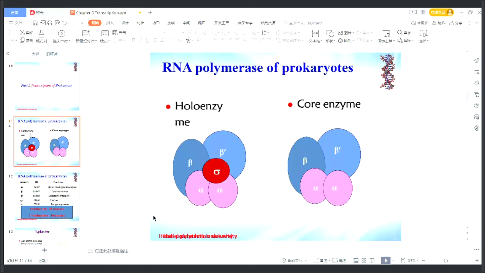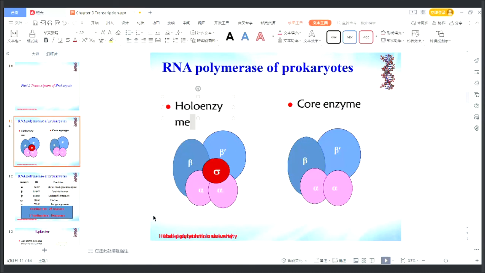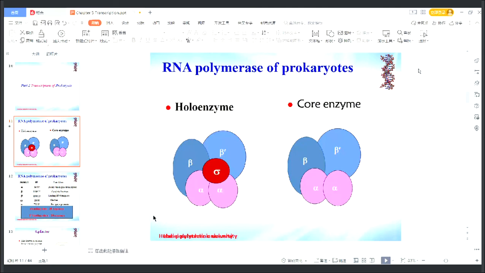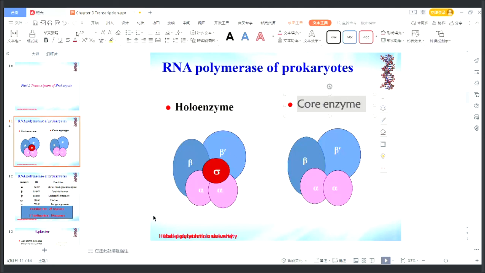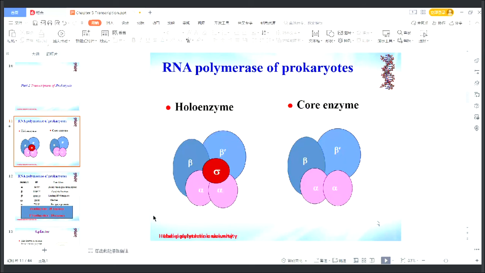These two forms take action at different stages. The holoenzyme differs from the core enzyme in its composition. Comparing these two forms, you can see the holoenzyme has another one, the sigma subunit.